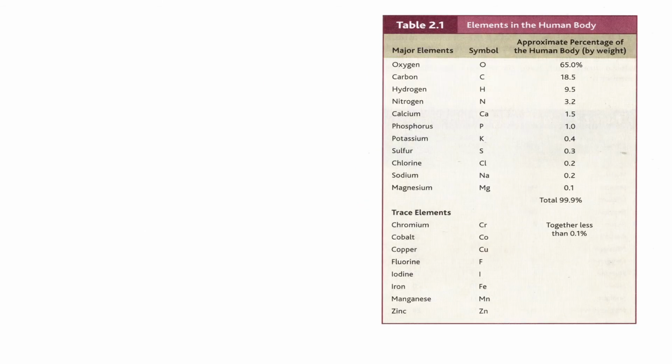Next. This brings us back to look at this again. We saw these were the top four, 96%. Add in the phosphorus, add in the sulfur, and we're up to about 99.9%. There's some argument about these minerals, but you can see the mass is pretty small.